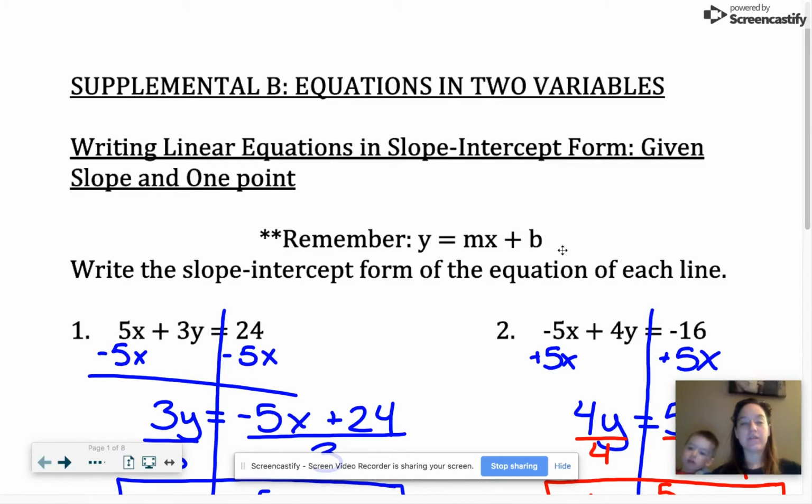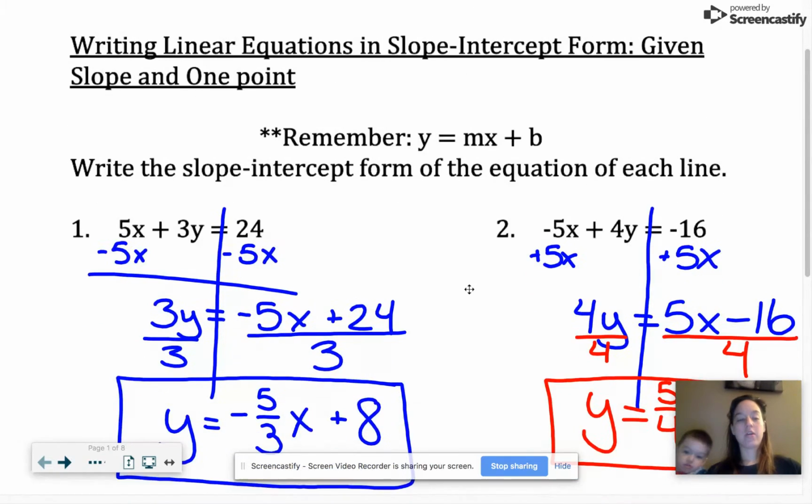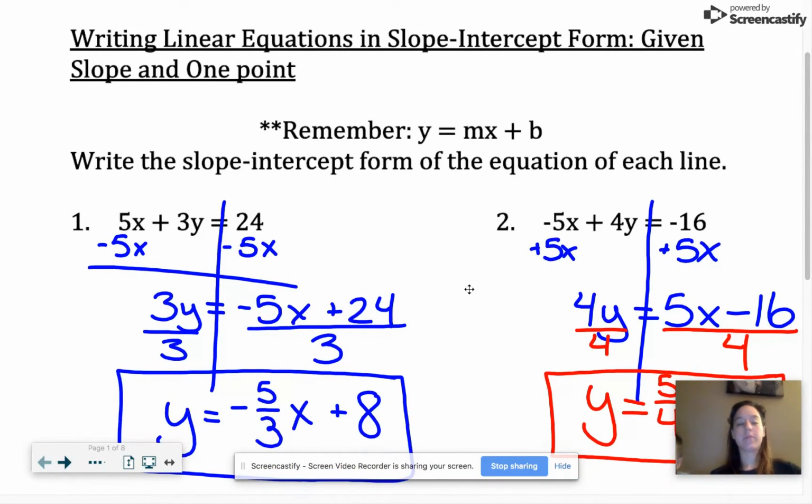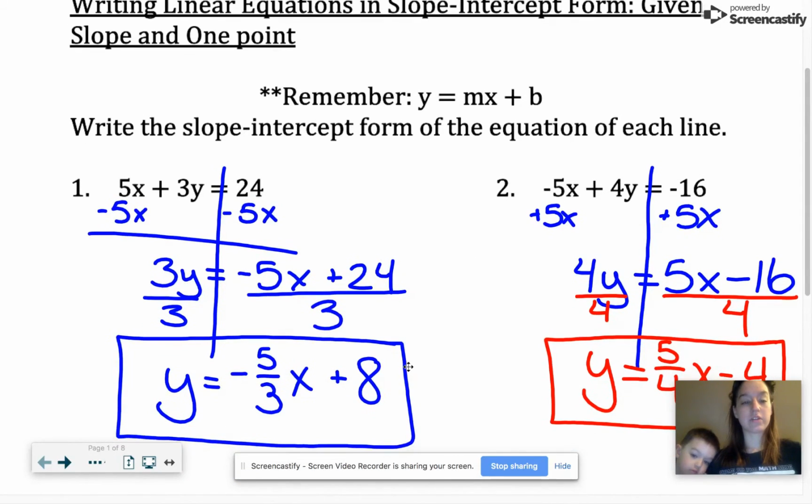So, the first thing that I wanted to do with you, real quick, is just a quick review of what we did yesterday. Yesterday, we talked quickly about changing standard form to slope-intercept form. We simply moved things around.